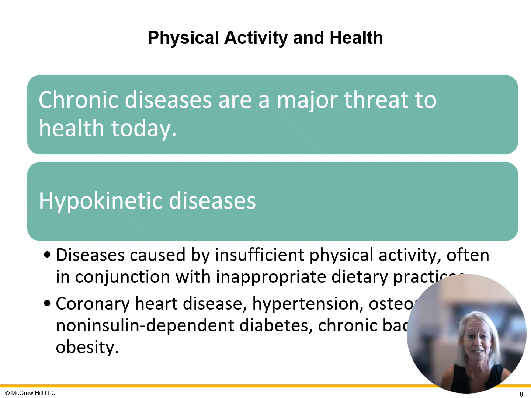The good news is that regular physical activity significantly reduces the risk of developing these conditions and can even help manage or reverse them. This is one of the most powerful arguments for making physical activity a consistent part of your daily life.